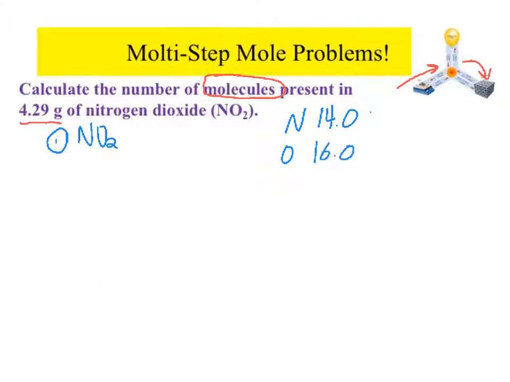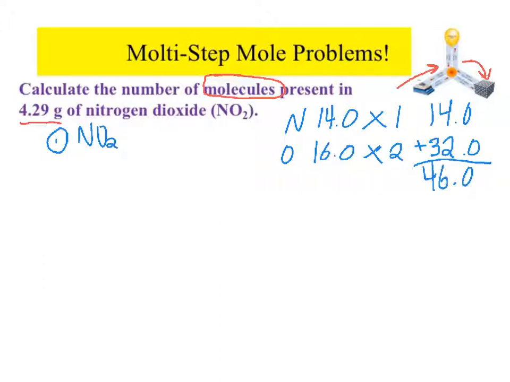I have 1 nitrogen and I have two oxygens. So for nitrogen, I'm going to have 14. For oxygen, I'm going to have 32.0. When I add these up, I will get 46.0 for my molar mass.